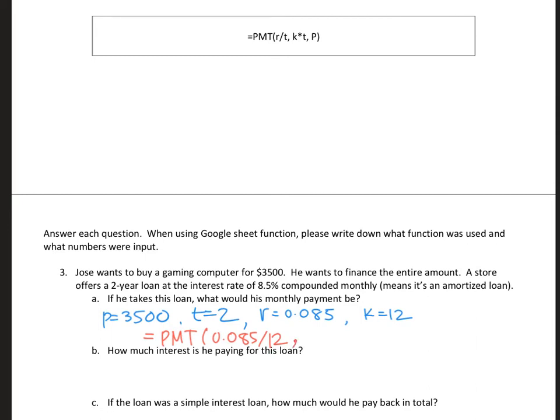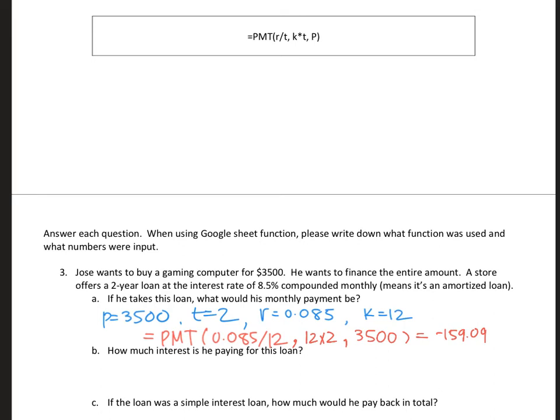The next one is total number of payments. So it's 2 years, so 12 times 2, because I'm making 12 payments for 2 years. And then the last one is the loan amount. When you input all these numbers, you're going to get negative 159.09. Again, it gives you negative numbers because they think you're making payments.